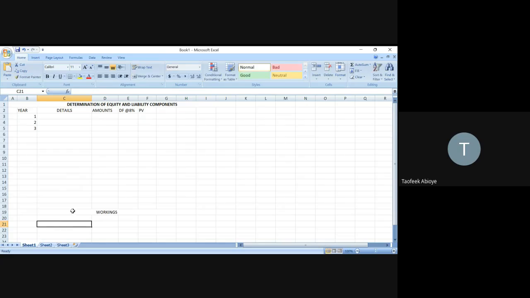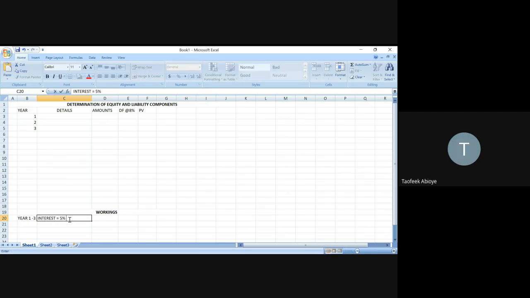Now, this is what we are seeing. In year one to 3, I said earlier that you are going to be receiving money every year. Which money did I say you'll be receiving every year? The interest. So how much is the interest? 5%.